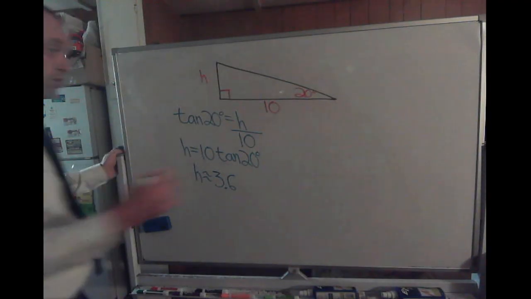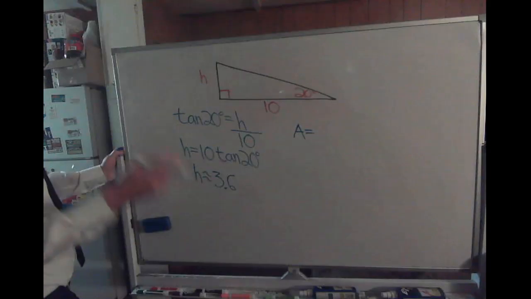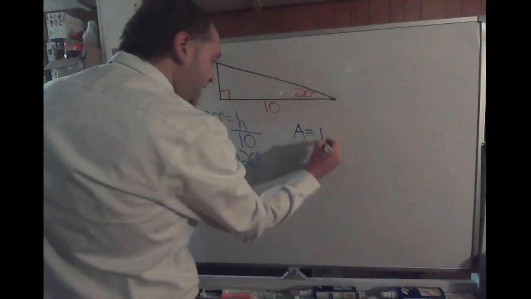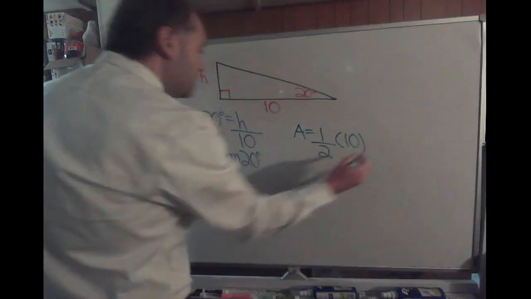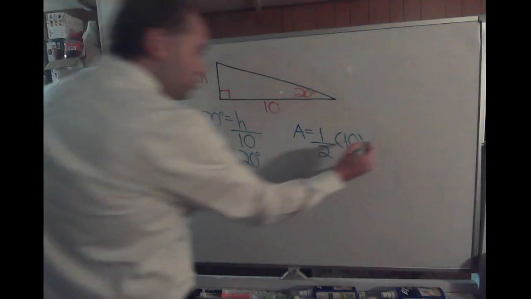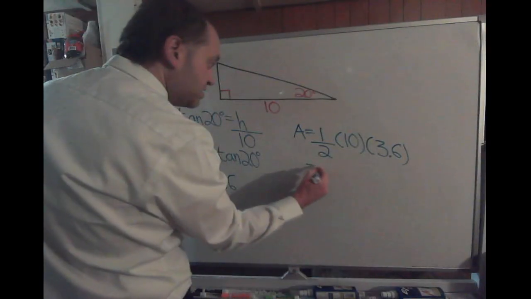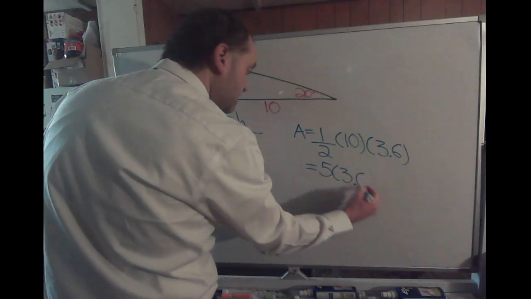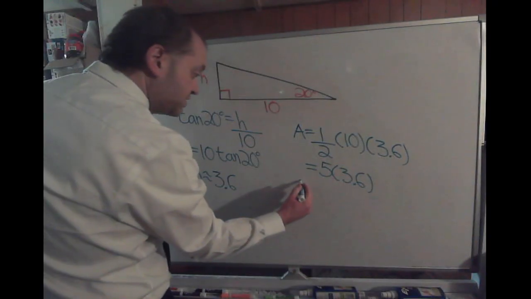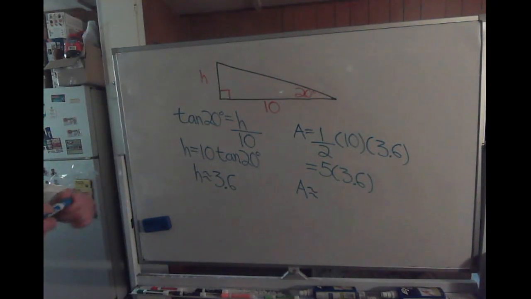Now then again, we're going to take the area to find that. That's going to be equal to half the length of the base, which would be 10, times 3.6. Which would ultimately give you 5 times 3.6, which the area itself is going to be an approximation to the nearest tenth because the height was approximated.